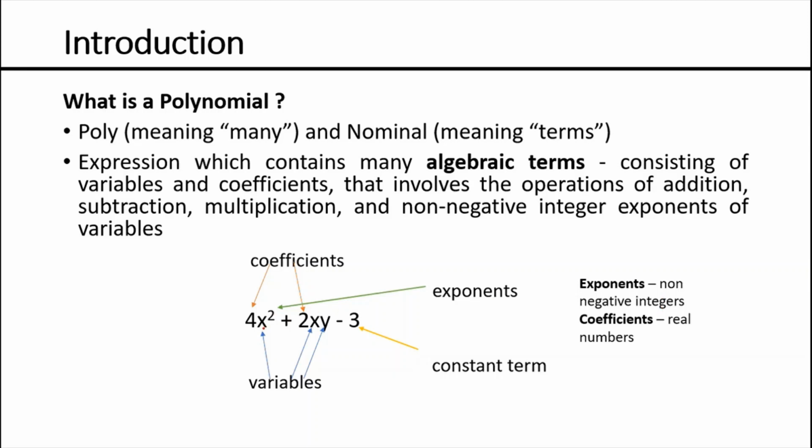It means the power of variables, the variable can be anything x, y, z, abc, but the powers of variables cannot be negative. It cannot be -1, it cannot be -2, so and so forth, and it has to be an integer. So the powers or exponent can assume value starting from 0, 1, 2, 3, 4, so and so forth. The second important point to note is that the coefficients are real numbers.